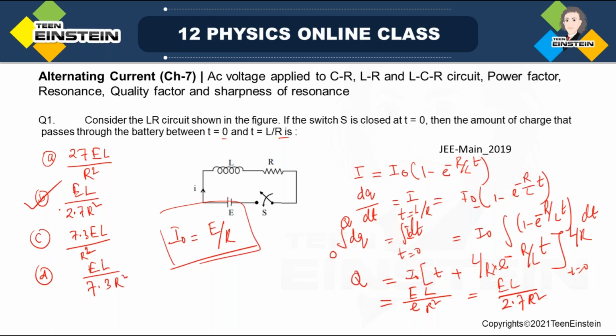So that is the answer for this question. What we have done is just written down the equation of growing current in the LR circuit. Then we have written I equal to dq by dt, and then we have integrated over time. This is how we have solved this problem.